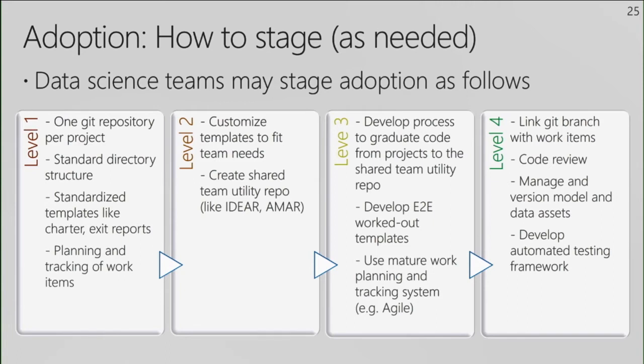Then developing your own utilities and standardized tools would take more time perhaps, but once you've done some projects, those tools can be integrated into some common repositories for your team. And in more mature stages of adoption, you can consider developing automated testing for your testing framework, code review amongst peers, linking Git branches to work items, and so on.